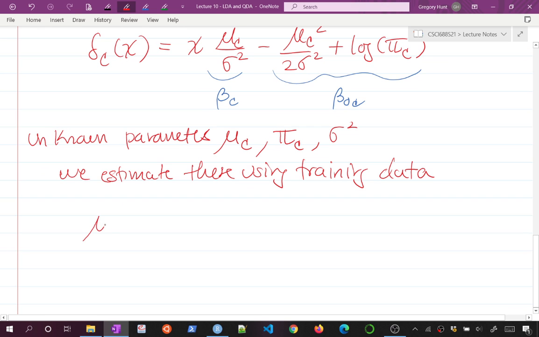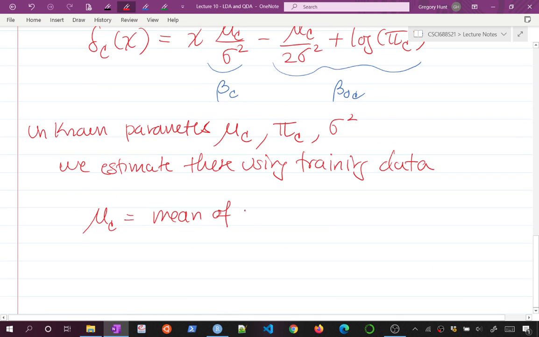So we'll get mu_c hat, which is the mean of the x_n's, the training data points in class c.